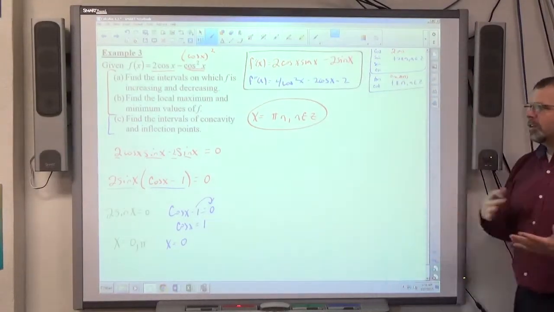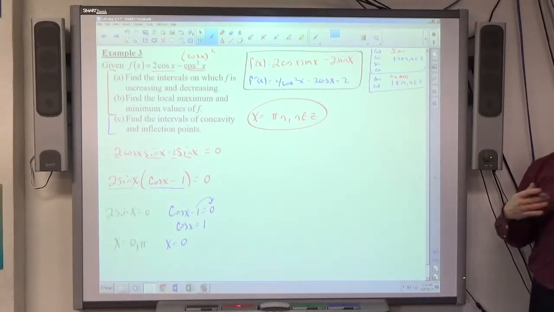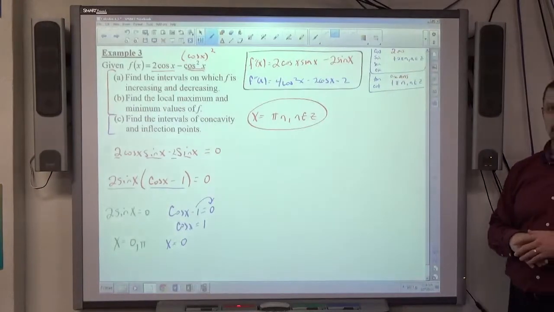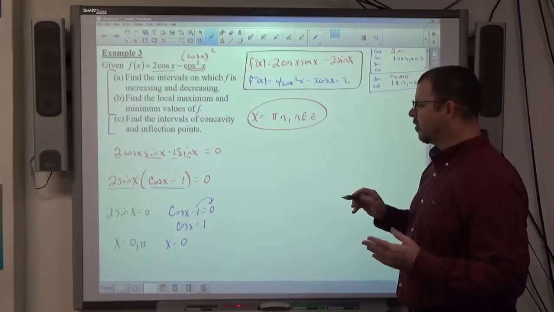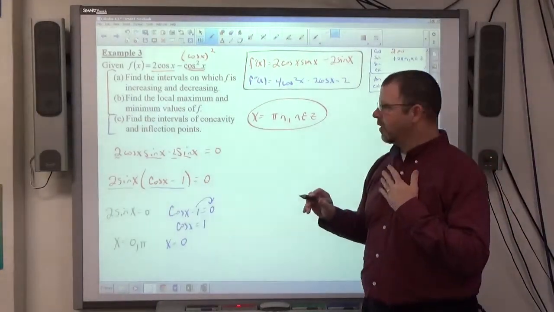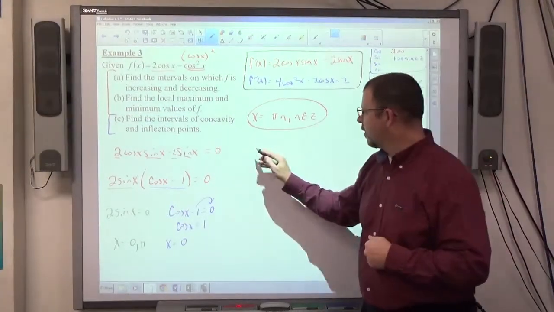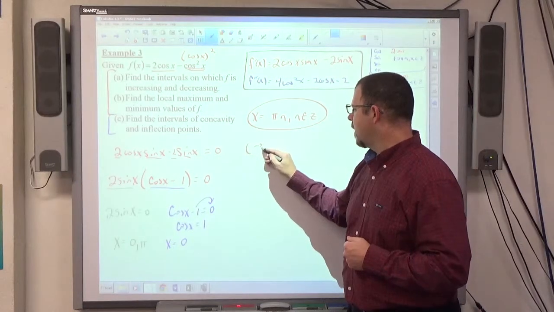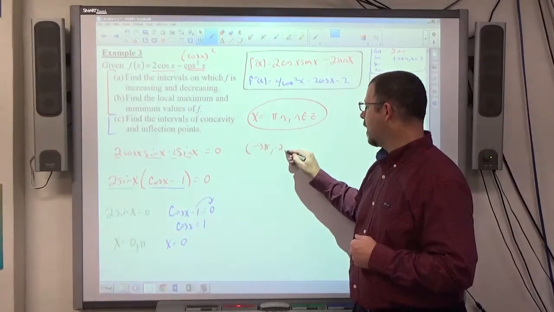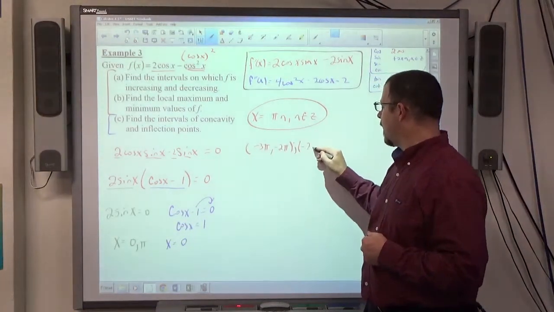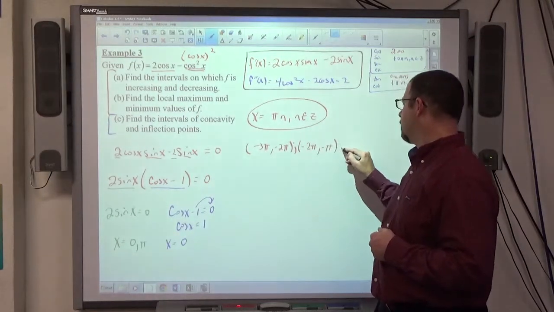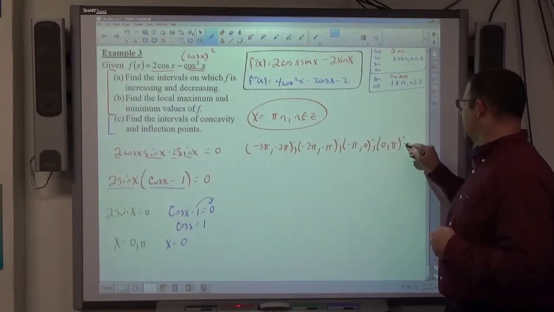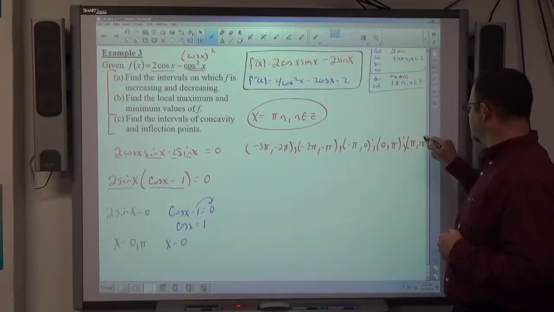And again, I'm looking for increasing and decreasing intervals, and I need to invent all these intervals all the way up to infinity, right? Negative to positive infinity. This is where it gets a little tricky. So what I would do probably is I would go ahead and pick some actual numbers. Let's go from -3 pi to -2 pi, and from -2 pi to -1 pi, and from -1 pi to 0, and from 0 to pi, and from pi to 2 pi.